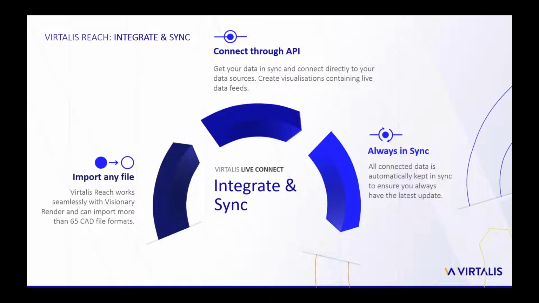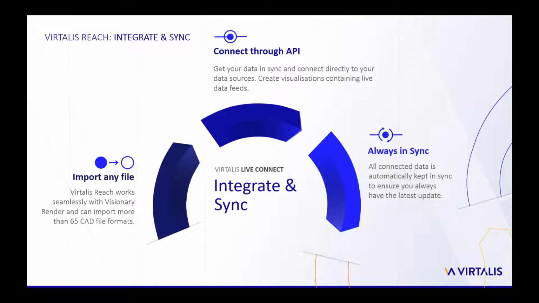As to what those data sources might be, in some sense, it's whatever is required for your organization. Most obviously, that might be the CAD files, which can be brought into the integrate layer directly. Similarly, it'll be possible to use our API to connect to other data sources for which we don't have direct connectors, but which contain data to which you might wish to apply to your visualizations.